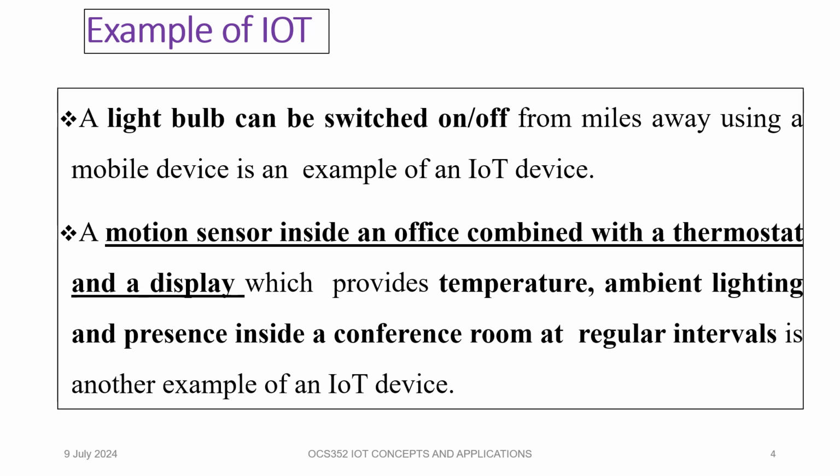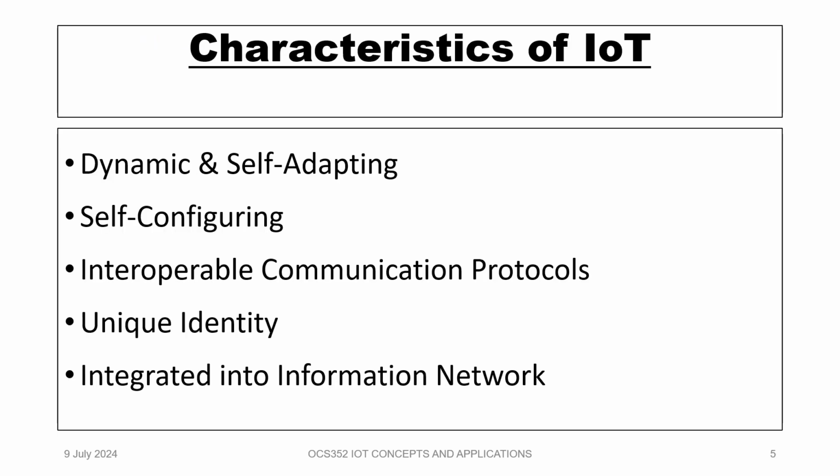A motion sensor combined with a thermistor and display, which provides temperature, ambient lighting, and presence inside a conference room at regular intervals, is another example of IoT devices. The simple characteristics of IoT are: dynamic and self-adapting, self-configuring, interoperable communication protocols, and unique identity integrated into information networks.